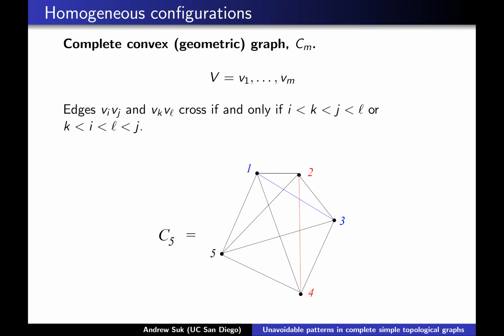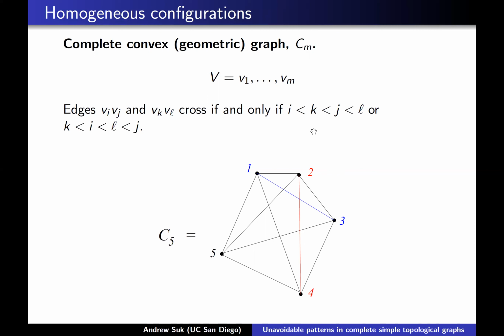It also has a nice combinatorial description, which is that you can order the vertices V1 through Vm such that two edges, let's say ViVj and VkVl, cross exactly when the intervals ij and kl intersect but are not nested.